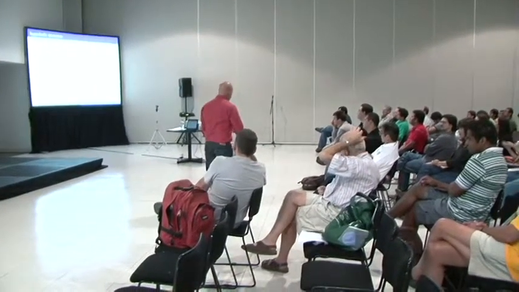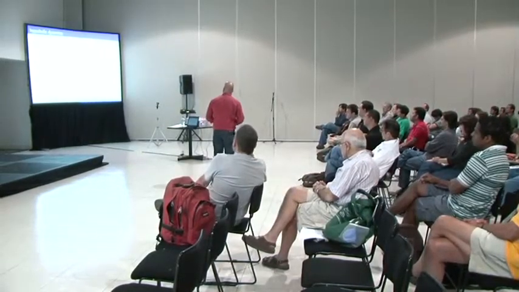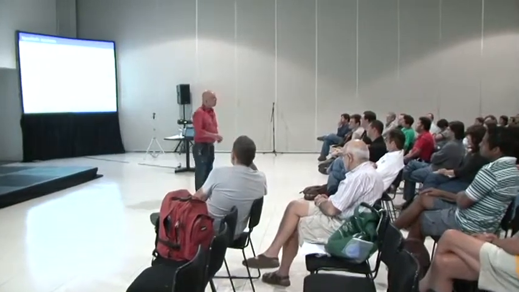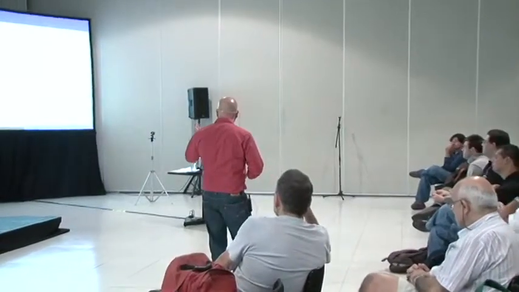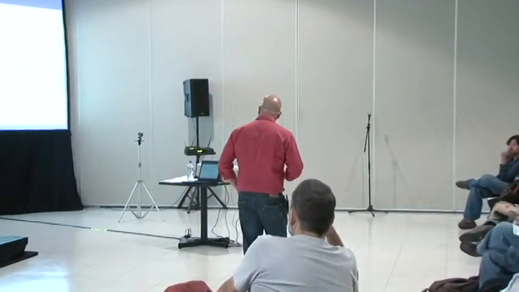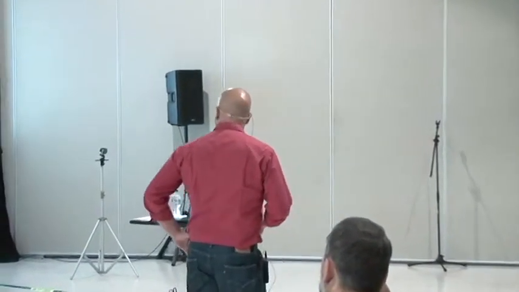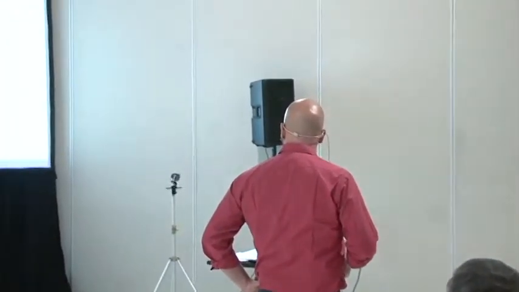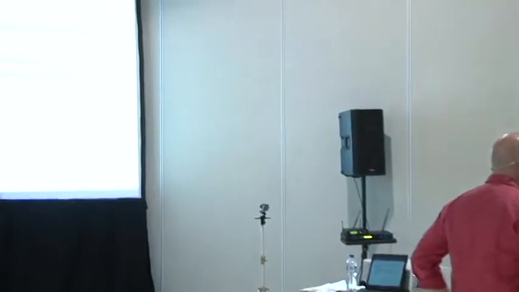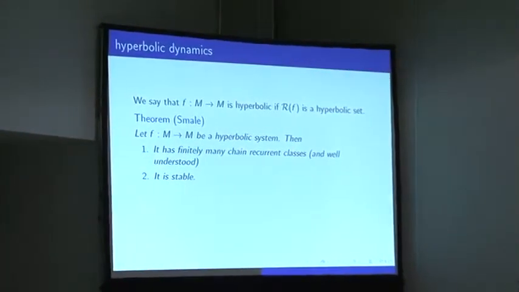They have Markov partitions. We have models of them with subshifts of finite type and so on. So this is really understood; one of the chain recurrent classes could be like the Smale horseshoe. And moreover, it is stable. If we take diffeomorphisms near f, then we'll have the same properties as f, and g will also be conjugated to f on the chain recurrent set of f and the chain recurrent set of g.